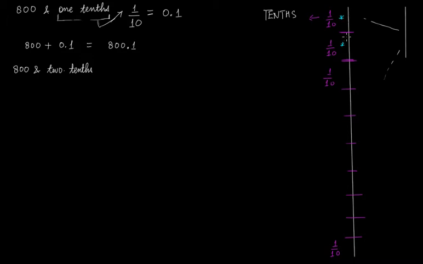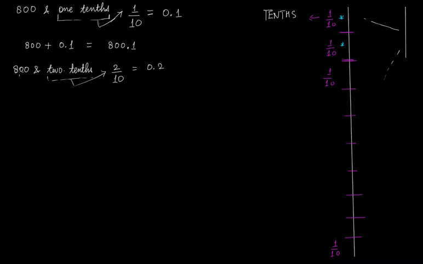This one portion, this is second portion, so the fraction represented by these two portions will be 2/10. Why 2/10? Because it is a simple fraction: we are considering two portions, so 2 out of total 10 portions, therefore 2/10. This 2/10 can be written as 0.2.